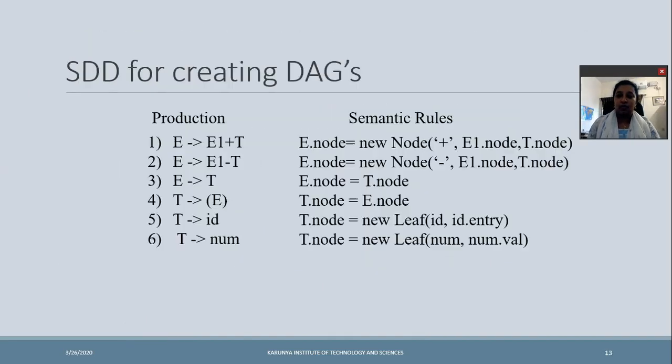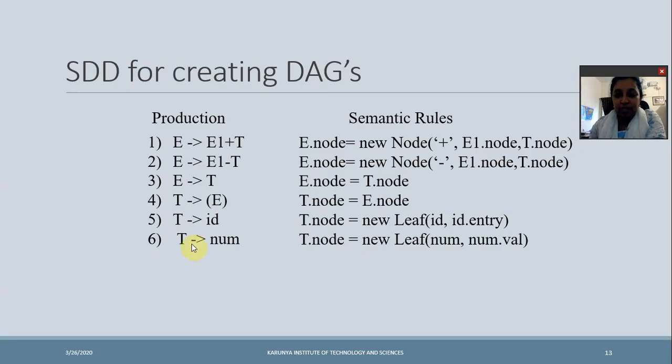Now going on, you have a syntax directed definition for DAG. As and when the syntax analysis checks whether the syntax of your program is correct, you can also do a syntax tree construction. Hope you remember the output of syntax analysis is a syntax tree. So when the parser checks the syntax of the program is correct, we can also construct a parse tree.